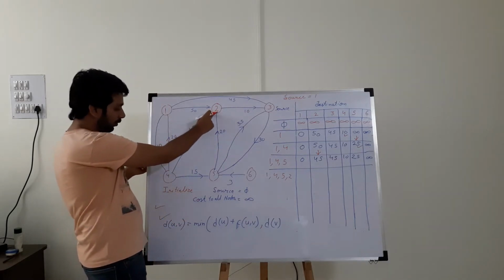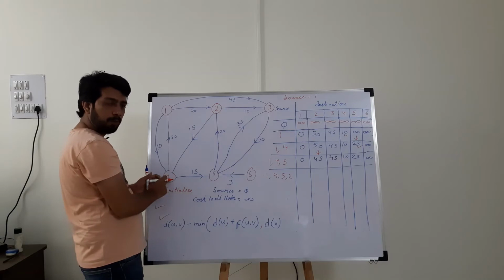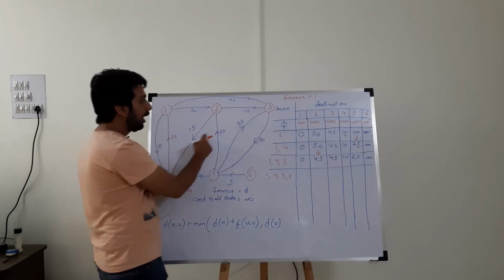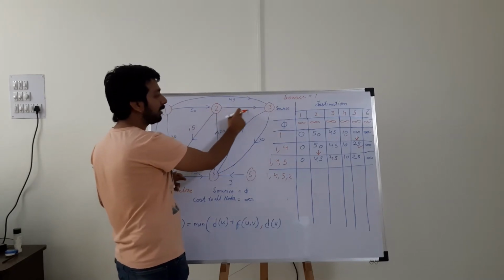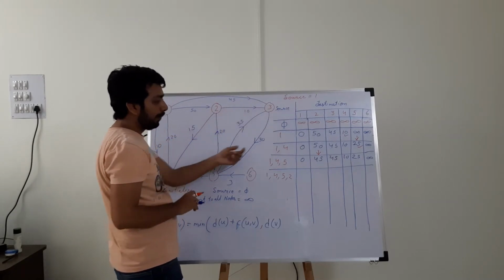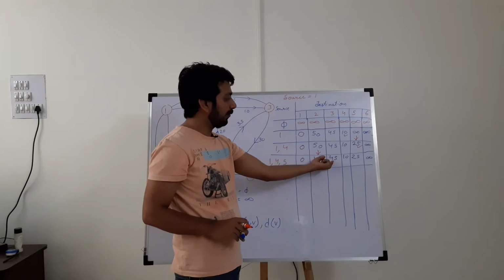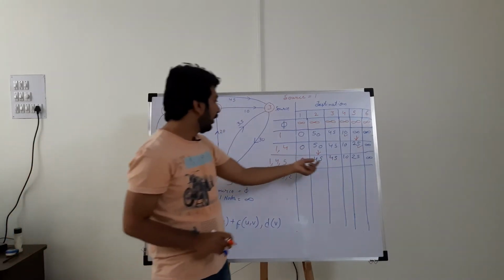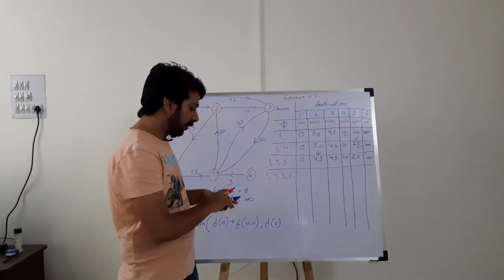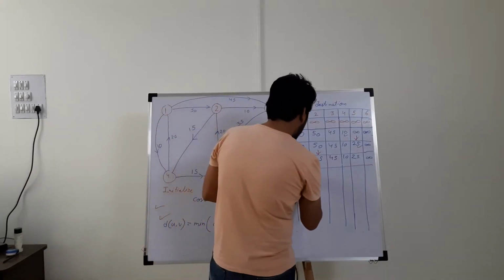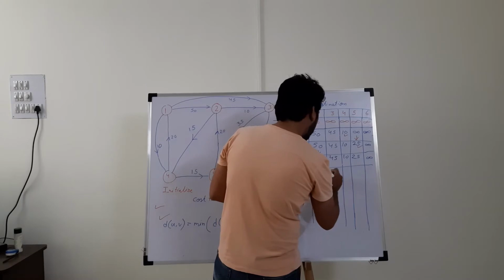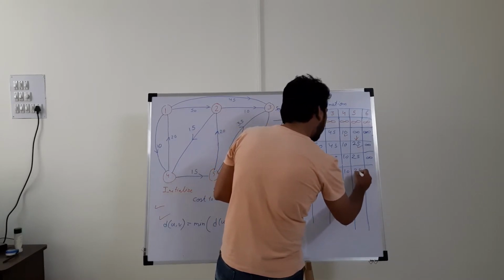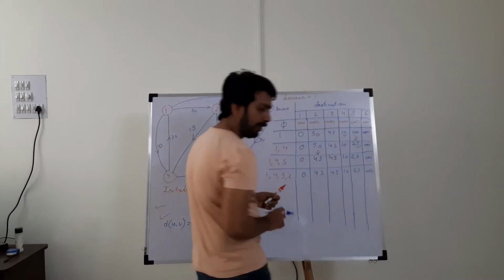So from 2, cost of 4 would be 50 plus 15, that is 65, and cost to 3 would be 50 plus 10, that is 60. But 60 is greater than 45 and 65 is greater than 10. So nothing will be changed. That is 0, 45, 45, 10, 25, infinite. Fine.